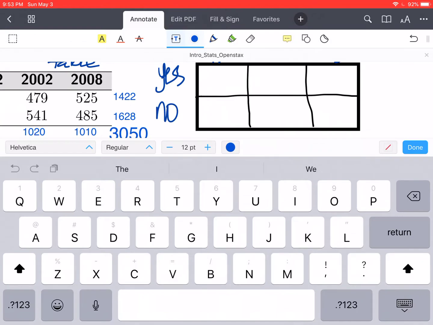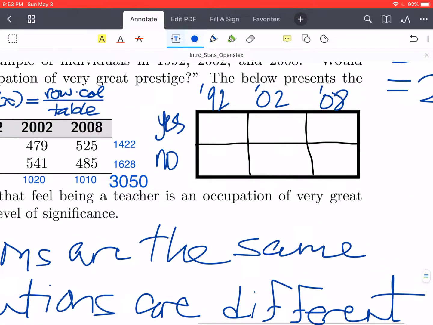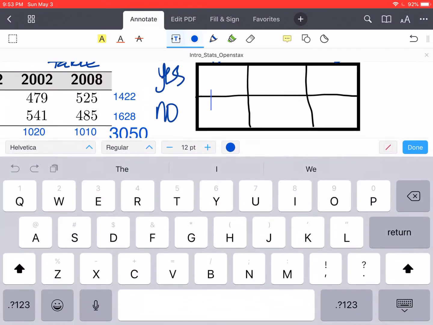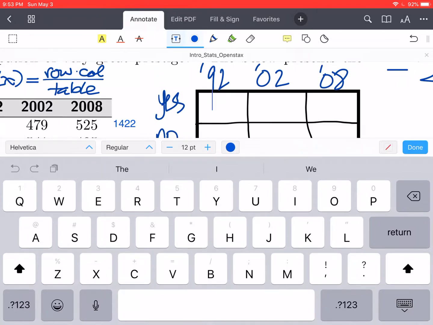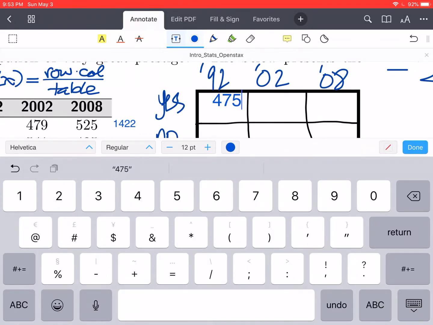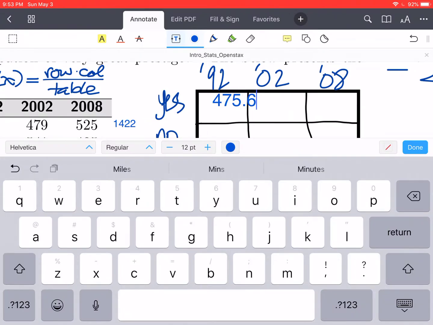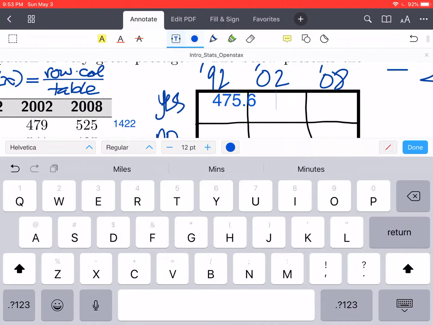So run that computation. The first one we're going to get 475.6. I'll line these up in just a second.